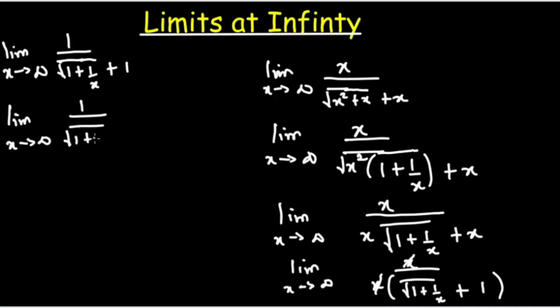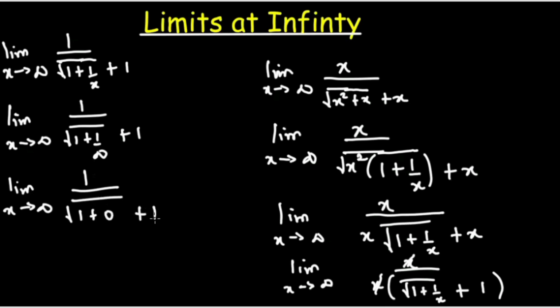And this will be 1 over the square root of 1 plus 1 over infinity, which is 0, plus 1. And so we have 1 over the square root of 1 plus 1. So let me write 1 plus 1, and this will be equal to 1 over 2. And this is our final answer.